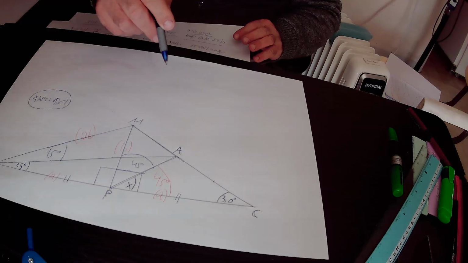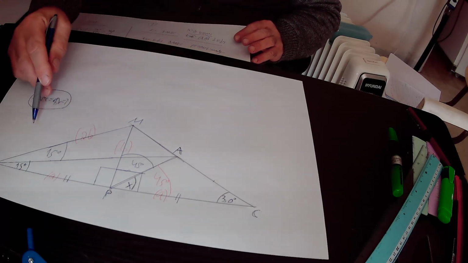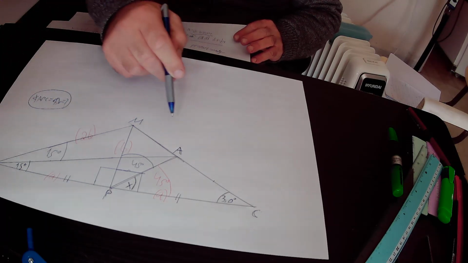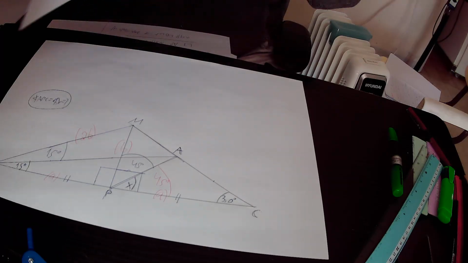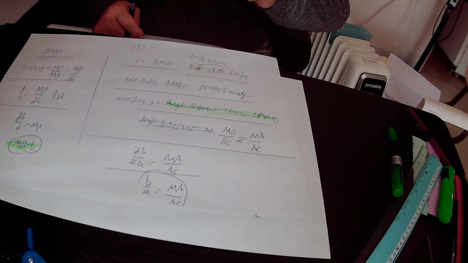Therefore, according to the angle bisector theorem, angle bisector AB divides the sides of triangle MBC proportionally. That is to say, MB over BC equals MA over AC. According to the angle bisector theorem, MB over BC equals MA over AC.